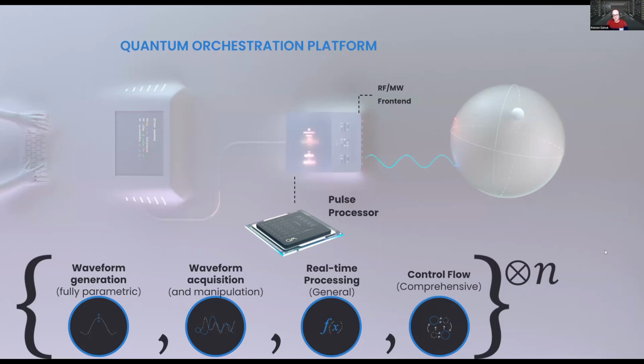You just specify the frequency and the amplitude, and the pulse processor will generate this waveform on the fly in real time. If you supply a waveform, an envelope, then all you need to store in memory is just the envelopes, and then this will be up converted digitally to the frequency that you want to achieve in real time.